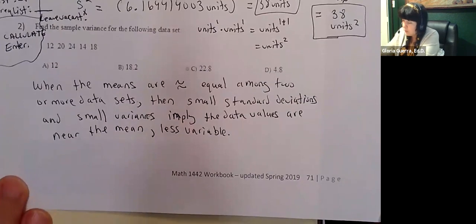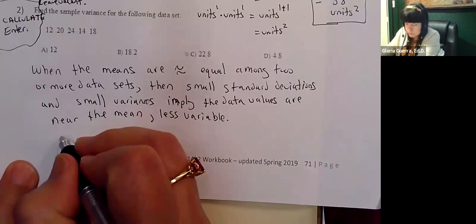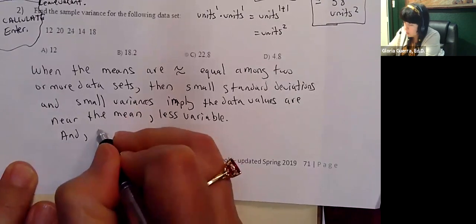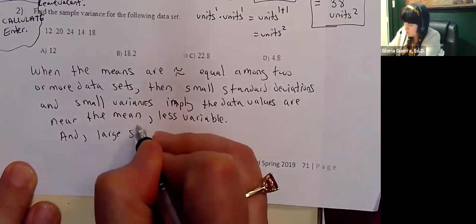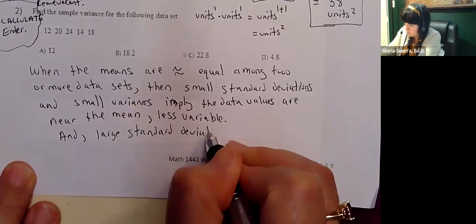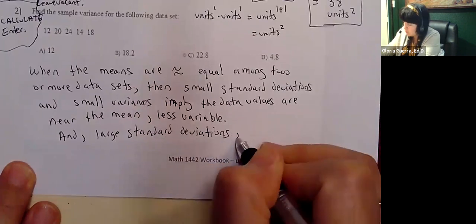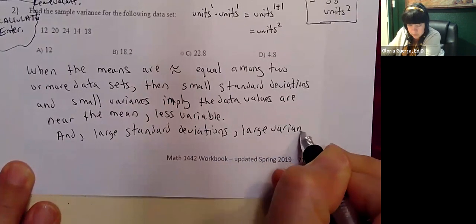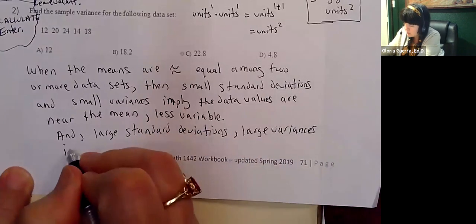But large standard deviations and large variances, what does that imply?